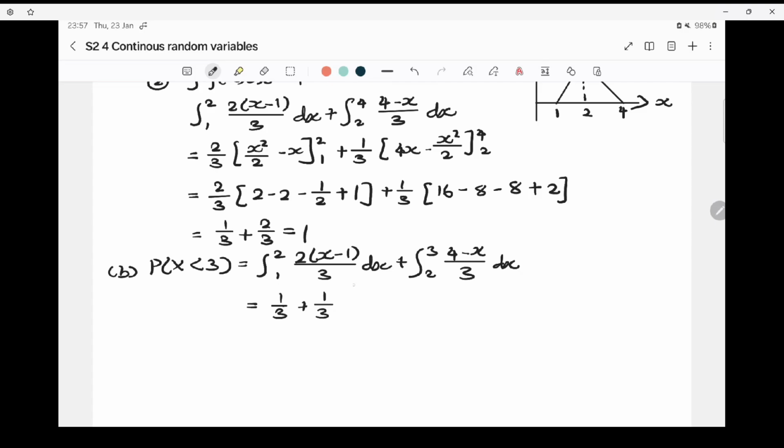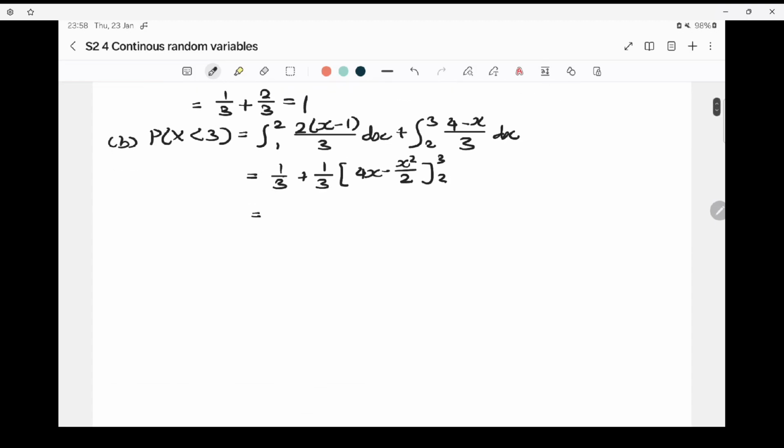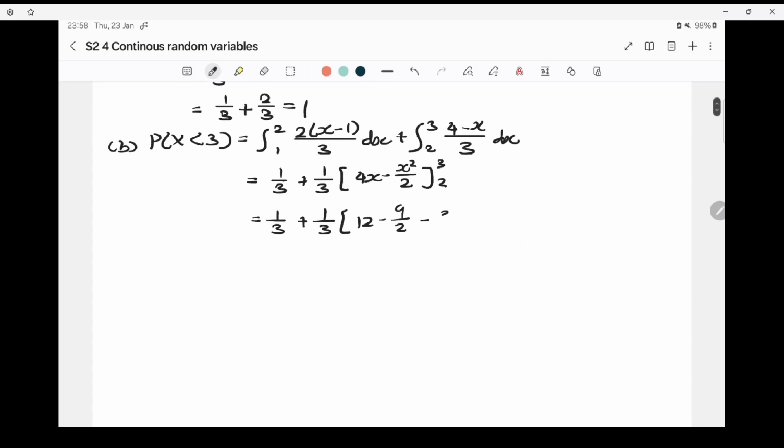You have 1 over 3, (4x minus x squared over 2), from 3 to 2. So this is 1 over 3 plus 1 over 3, (12 minus 9 over 2 minus 8 plus 2).